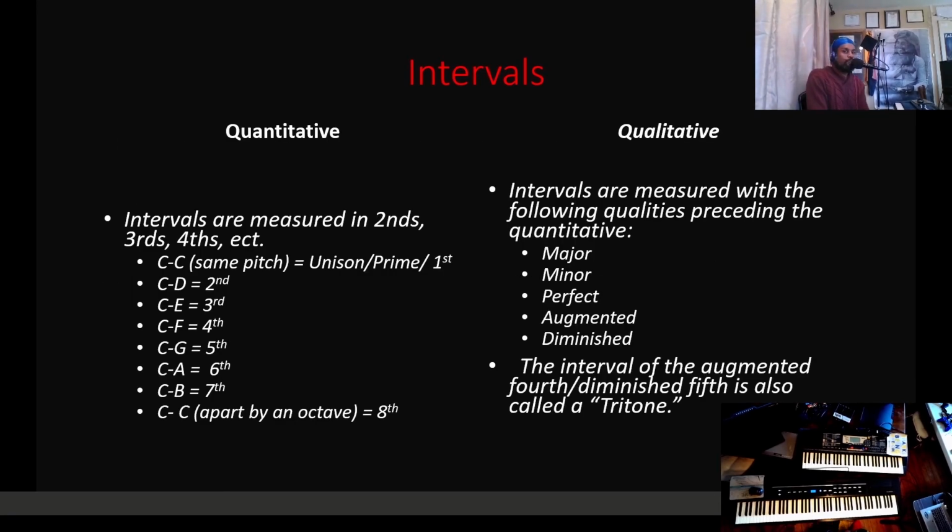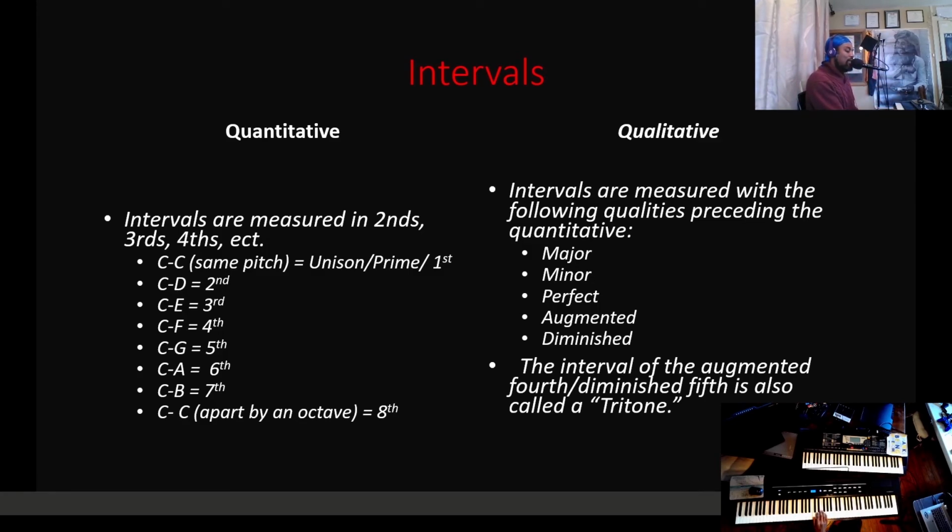Moving on. So, there are quantitative and qualitative components to intervals, all right? So what that means is intervals are measured in seconds, thirds, fourths, as I said before. So what do I mean by that?